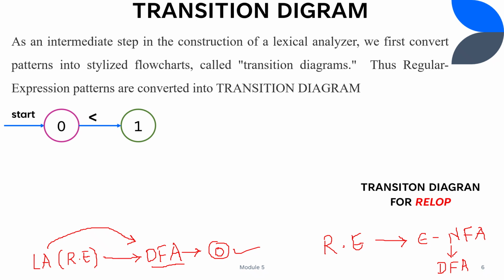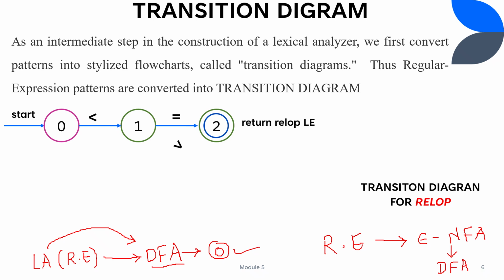So, assuming after the less than sign an equal to operator is read, this becomes a valid lexeme. Thus, I will make that reach the final state, stating that the relational operator received is less than or equal to.